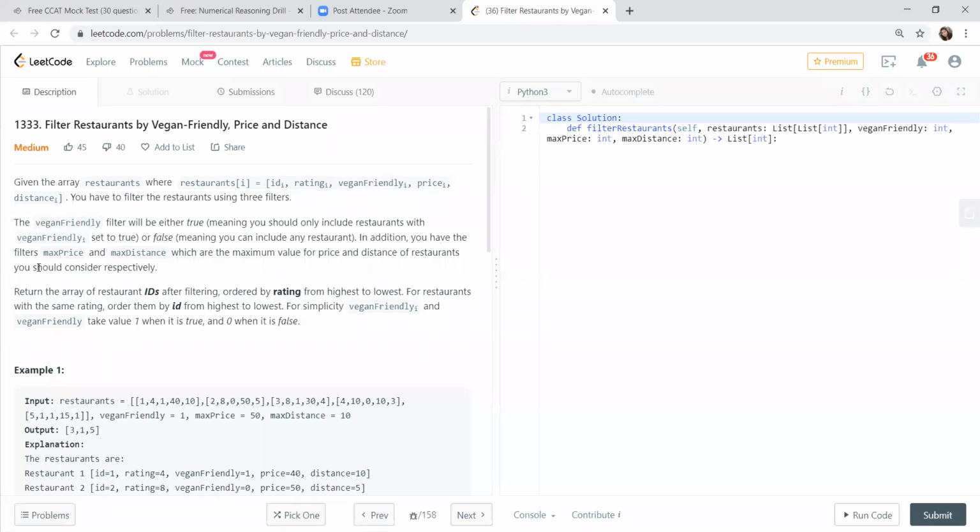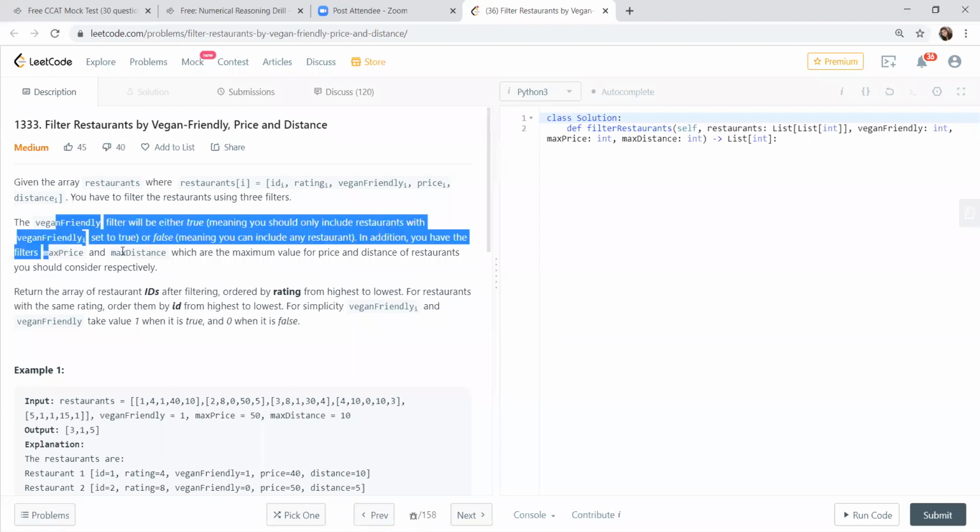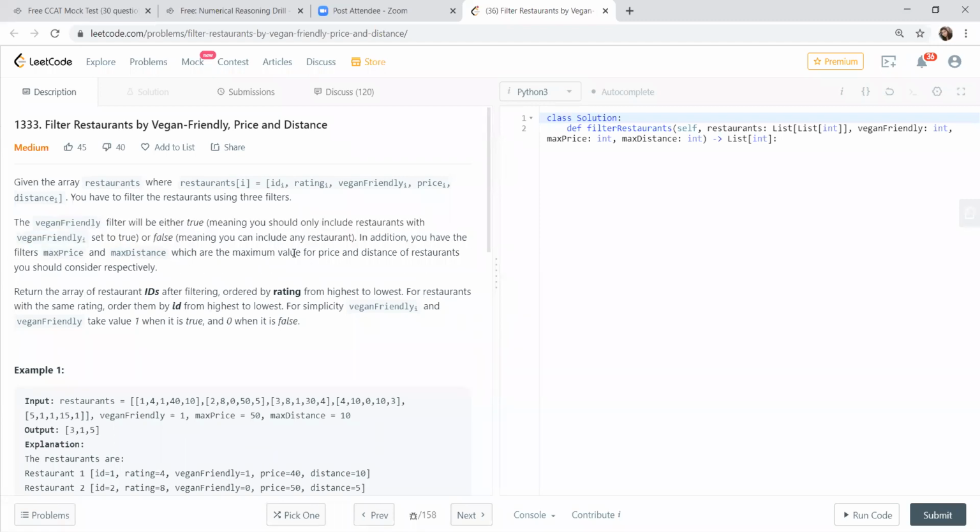In addition to it, the filters are max price and max distance. Whatever the maximum value for price and distance they are giving, you need to find the restaurants within that distance or less than that max price. And what we need to return is the restaurant IDs, after ordering by their rating.